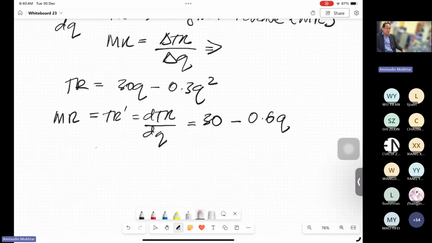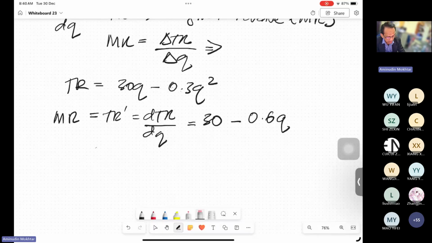In this case, the marginal revenue is also known as the slope equation of total revenue. That is the relationship between MR and TR. Please remember, the first derivative of TR is MR, or marginal revenue.